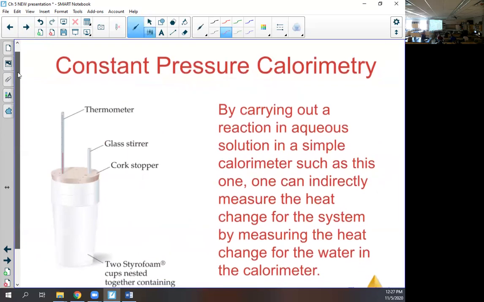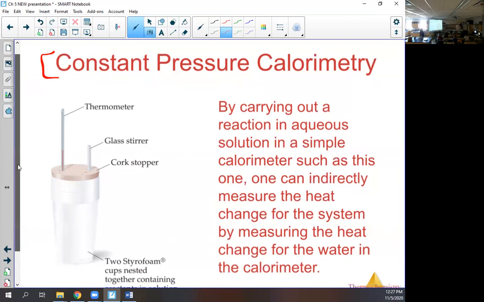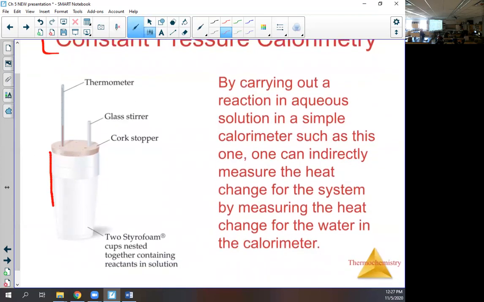So what we will do tomorrow is called constant pressure calorimetry, also known as coffee cup calorimetry, or in Utah, hot chocolate cup calorimetry. What we'll do is take some styrofoam cups.